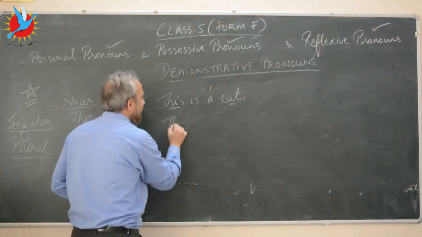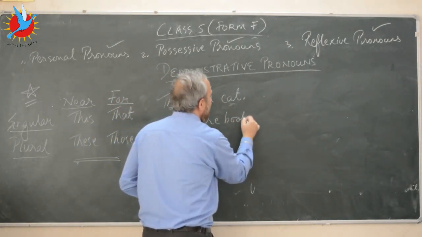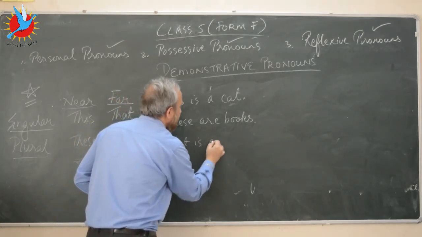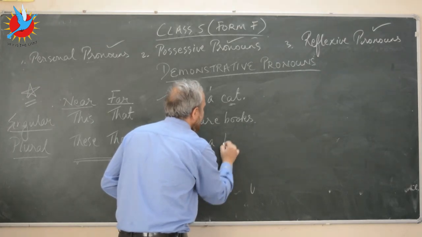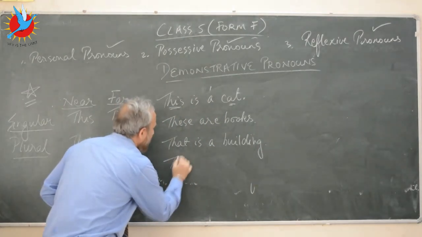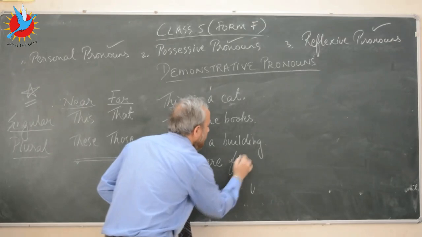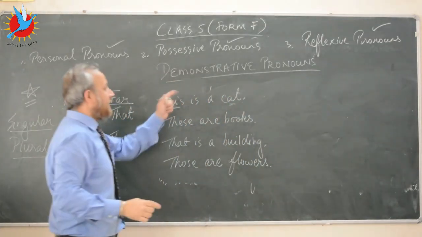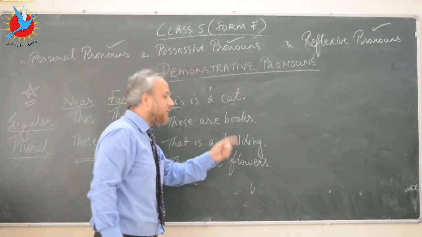And let's say, these are books. That is a building. Those are flowers. So this is a cat, these are books, that is a building, those are flowers.